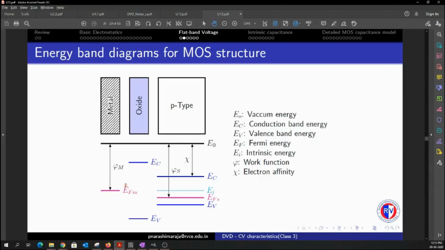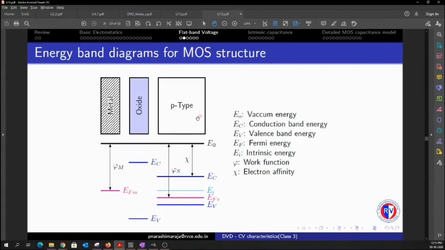I will not go much in depth because I still have 5 more minutes to finish. The Fermi level of the metal would be somewhere here, whereas in the oxide we don't have any charges flowing across, and we don't have a Fermi level concept. But what we have is the conduction band and the valence band, which are separated from each other by a very large band gap.